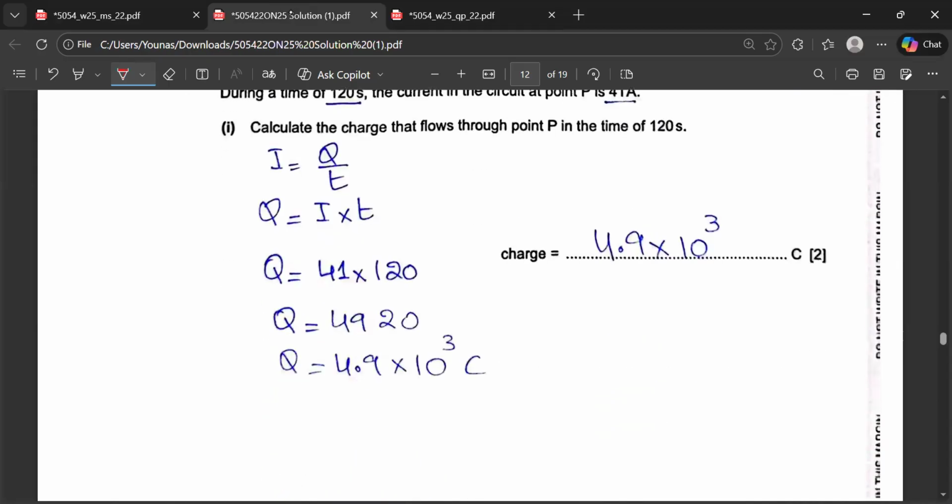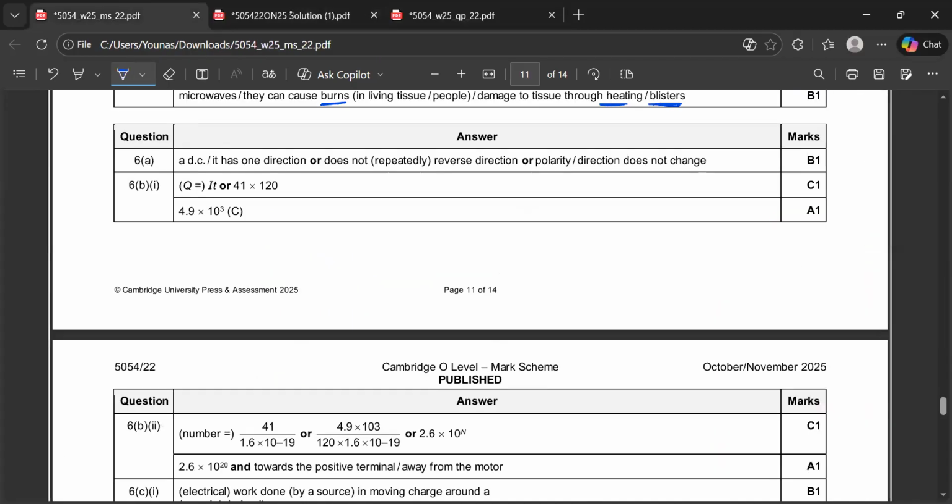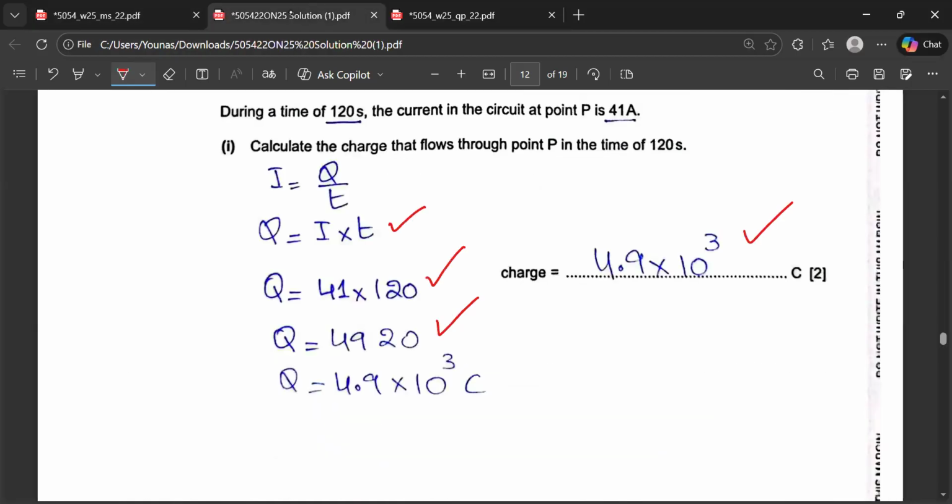So I is equal to Q by T, Q is equal to I multiplied by T. Q will be equal to 41 multiplied by 120. So that's 4920, so it's like 4.9 × 10^3 coulomb. This is our answer, and that answer is right. So this is the answer first.